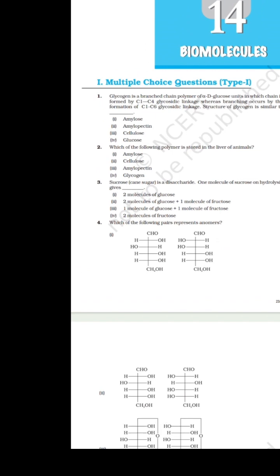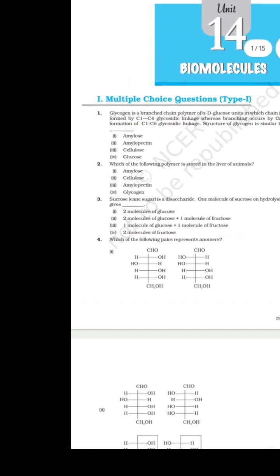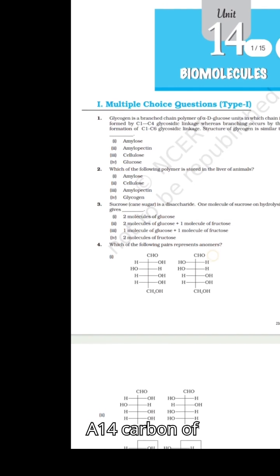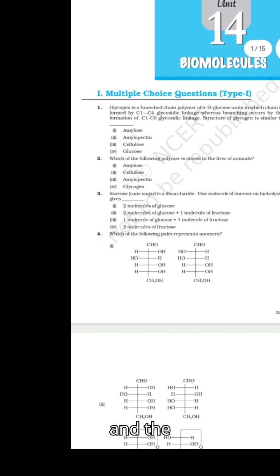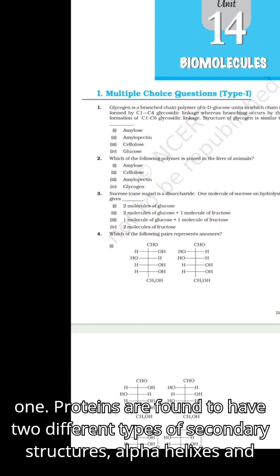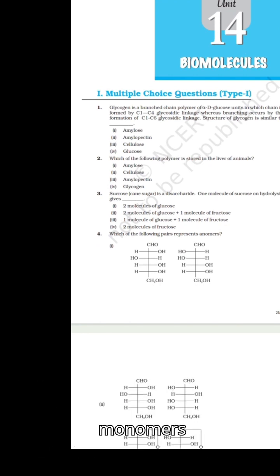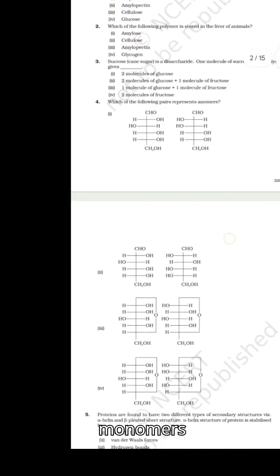In amylopectin also, those alpha D glucose molecules are held together by alpha 1,4, that is first carbon and fourth carbon of the glucose molecules are involved in the glycosidic bond formation, and at the branching site alpha 1,6 glycosidic linkages are present. That is the correct option for the first question, that is amylopectin is the correct answer.